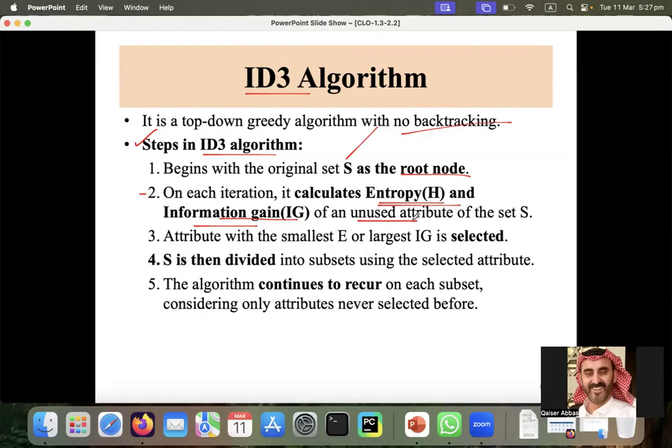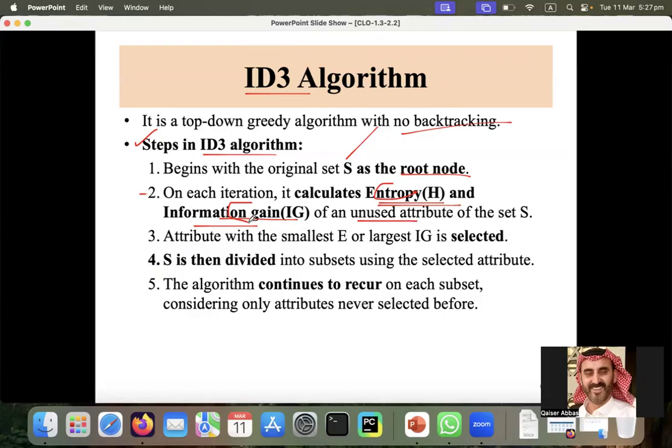In the training set, you have features, and the features that you have not used yet, you will select one by one, and then calculate entropy and information gain. I will say IG for short for information gain.